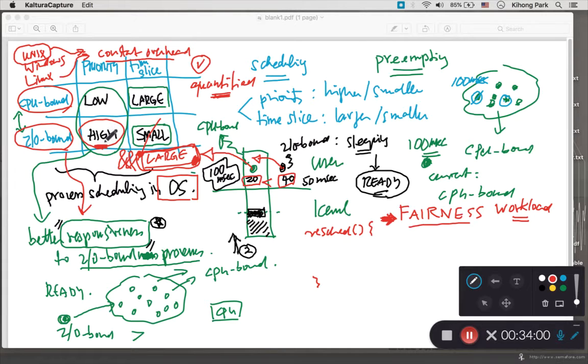But not only that, this guy has now a large time slice. So it's going to monopolize the CPU for some time window. And during that time window, other processes may not be able to get the CPU, and that's not a good thing.